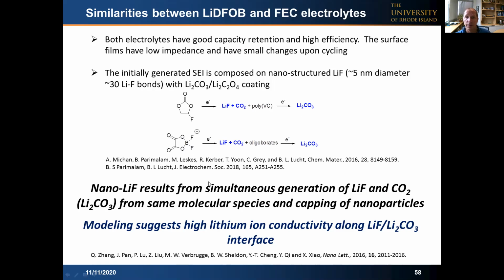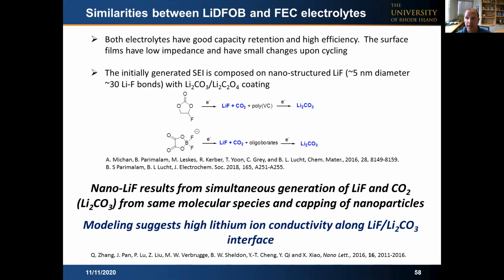And so we believe that this nanostructured lithium fluoride results from the simultaneous generation of lithium fluoride and CO2, which then generates lithium carbonate from the same molecular species, resulting in an overall capping of these lithium fluoride particles to trap them as lithium fluoride nanoparticles.